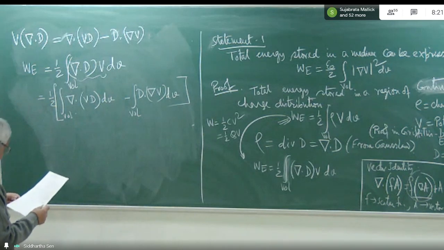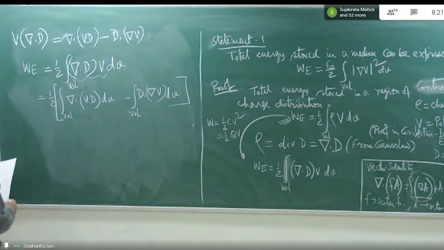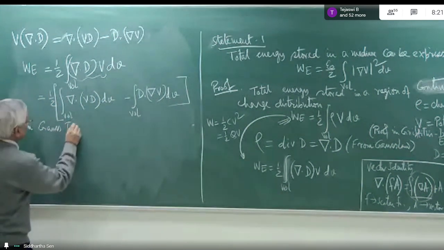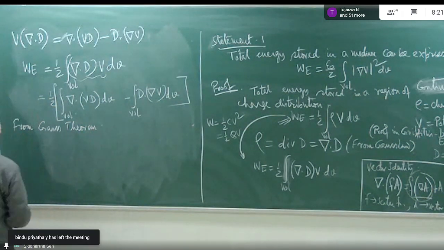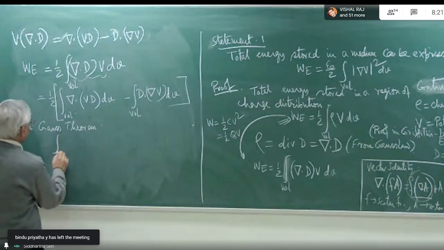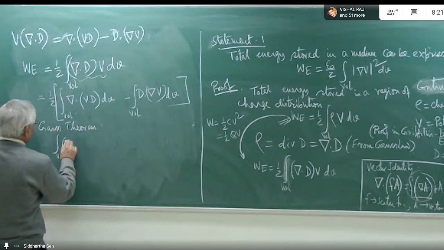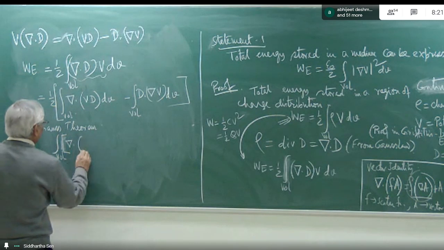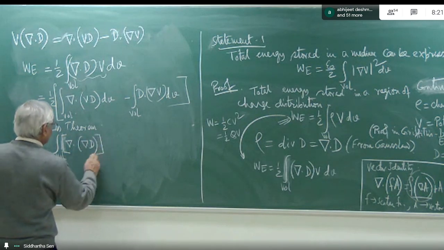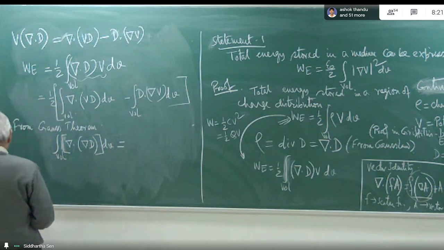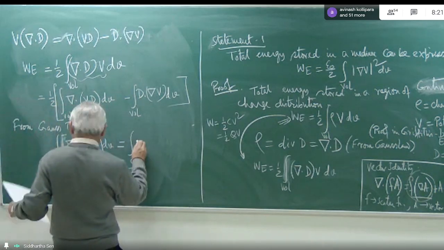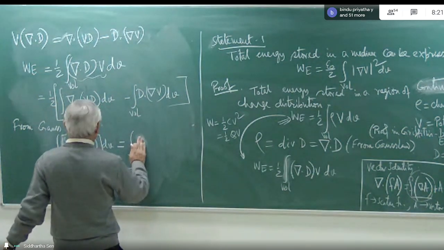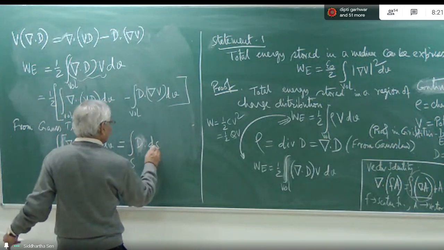Now look into this one. From Gauss theorem, the volume integral of nabla dot D is equal to the surface integral of D dot dS.